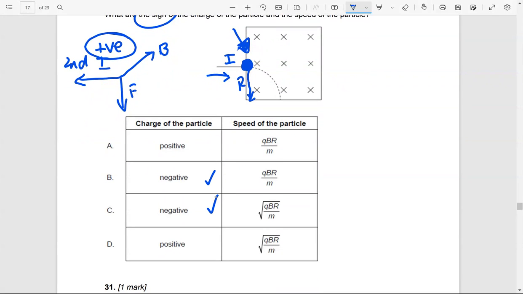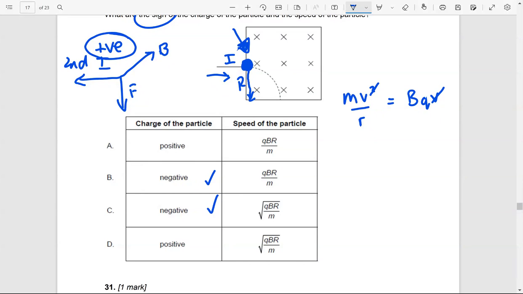And then to find the speed of the particle, when we've got centripetal motion in a magnetic field, what we have to do is we have to equate the centripetal force to the magnetic force. So v is the speed, and so we can cancel one of those out automatically. And we're trying to rearrange for the speed.